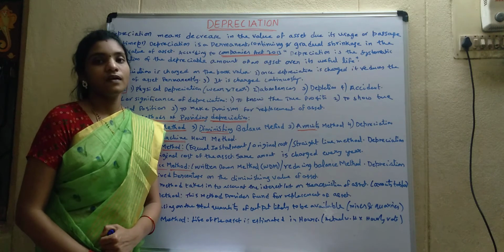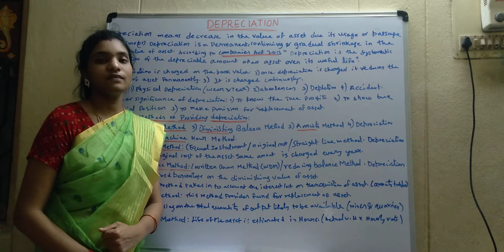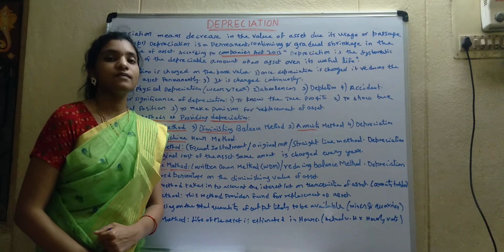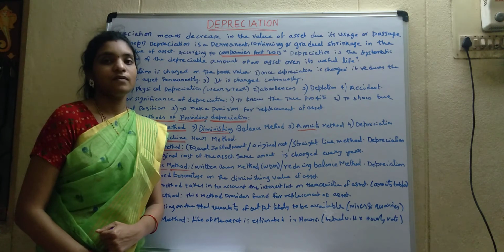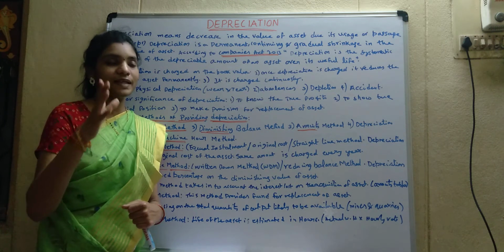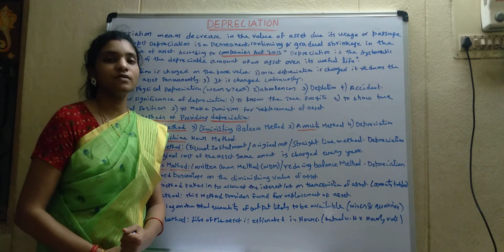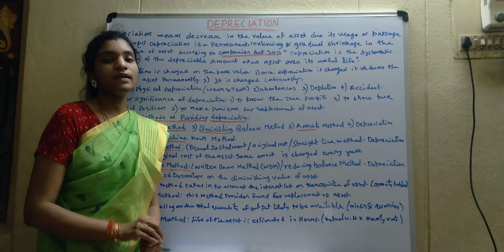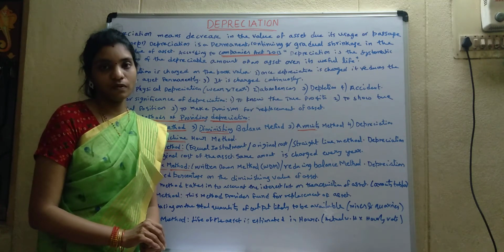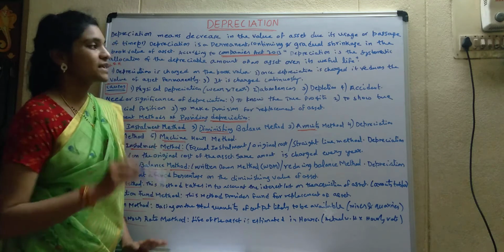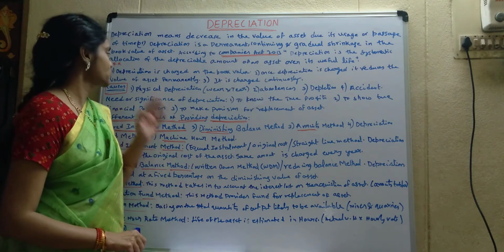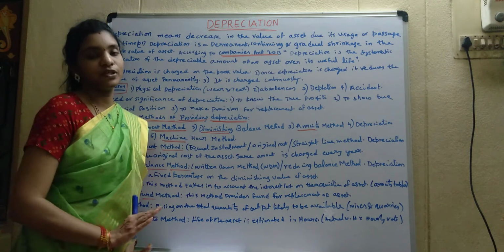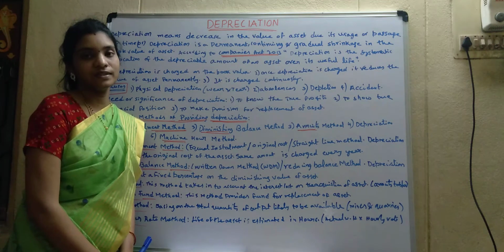If you see the books of the business, in the balance sheet of the firm, we find the asset value only after writing off the depreciation. Once depreciation is charged, it reduces the value of the asset permanently.